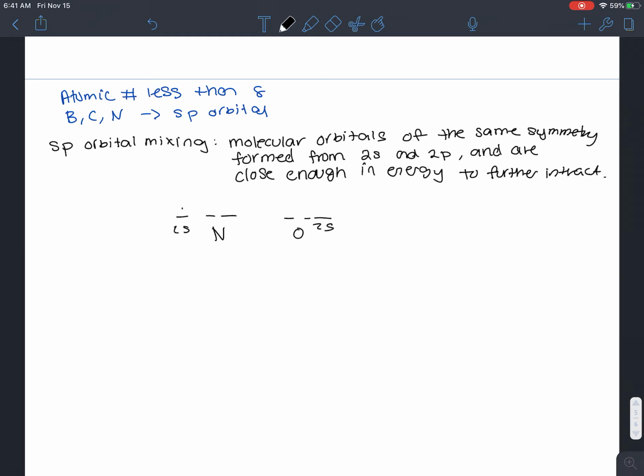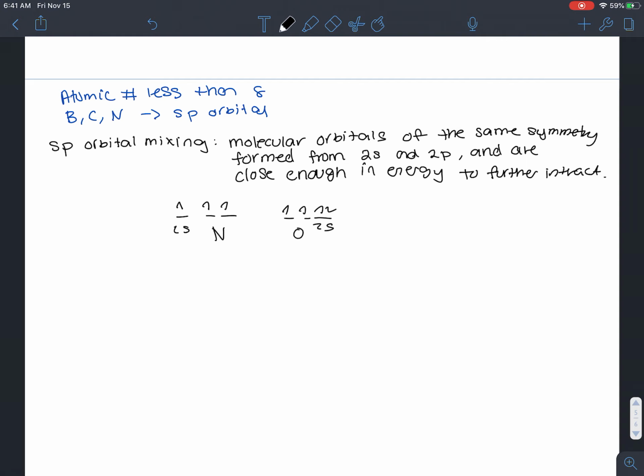So, if you look at the difference between nitrogen and oxygen for 2s, that pair of electrons in the oxygen increases the energy and it's further to the right, whereas nitrogen has less energy and less of an atomic number.